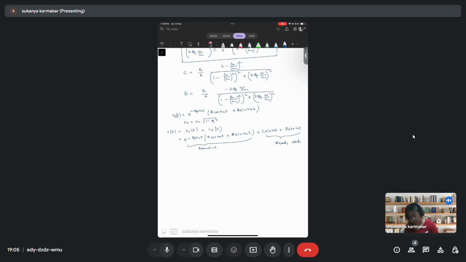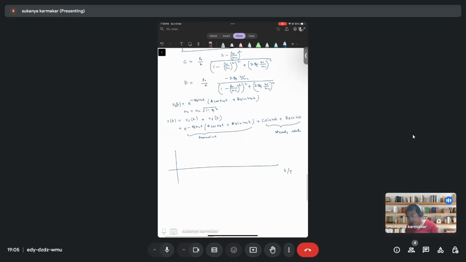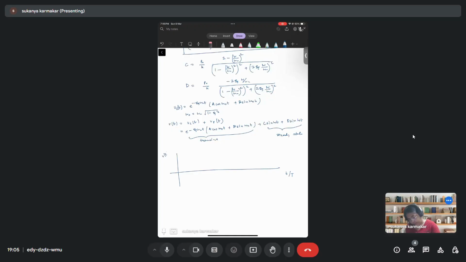Like if I plot small t versus capital T here, on a normalized axis, your total response will have the frequency omega coming into the picture.